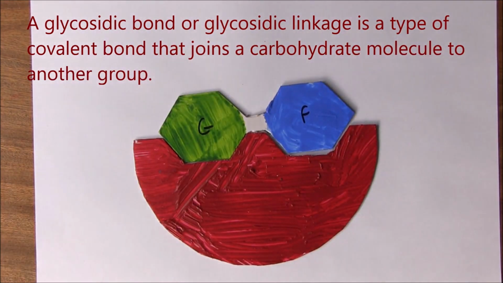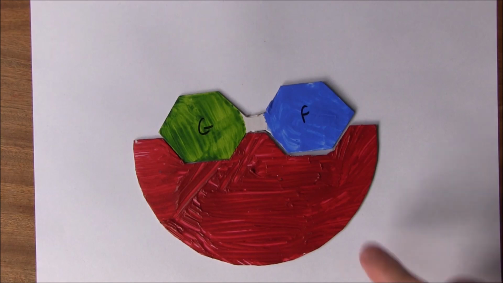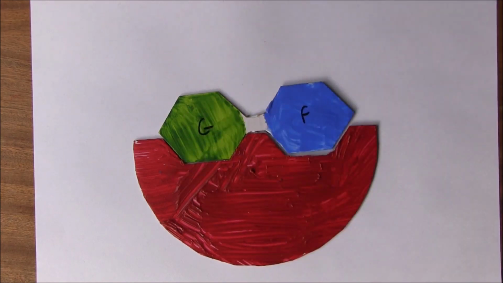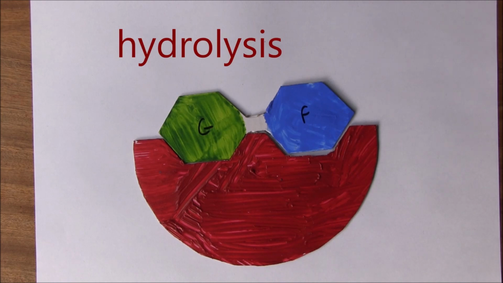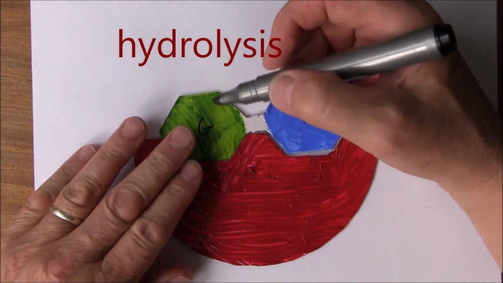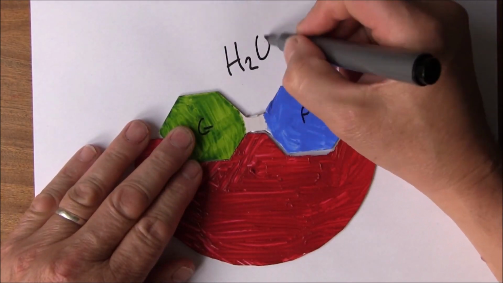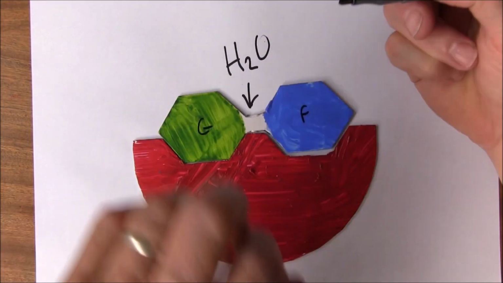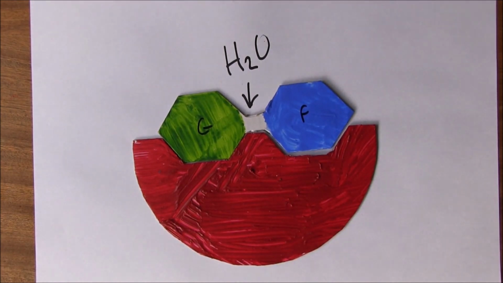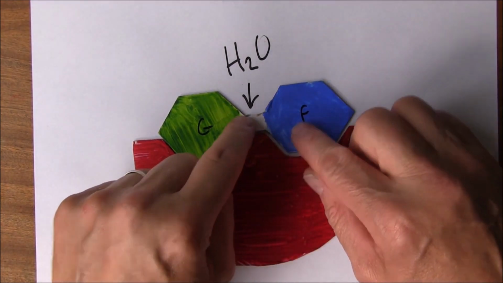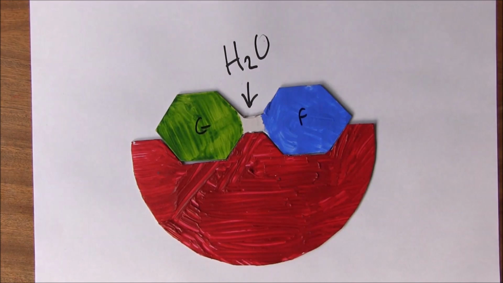Now, these reactions that break down food products into smaller components are all hydrolysis type reactions. Hydro, water, lysis to break up. So we need to add water to this. So water is going to be added. So strain is going to be put on this glucoside bond by the sucrase enzyme.